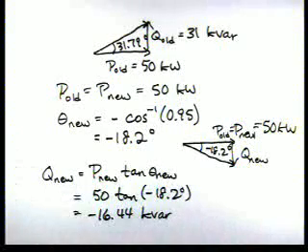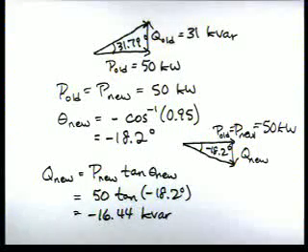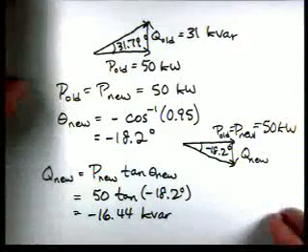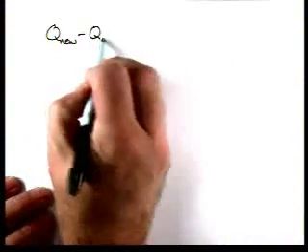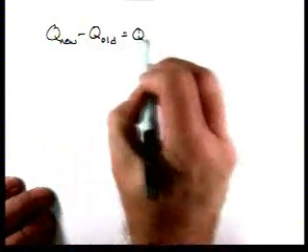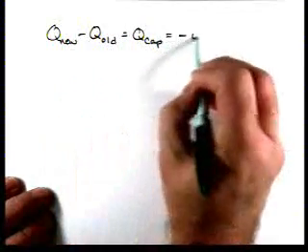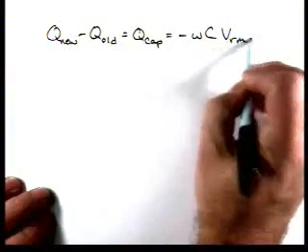Okay. So now we've got theta new and Q new. So now step 4 says now calculate Q of the cap. Okay. So Q new minus Q old equals Q cap, which is minus omega C VRMS squared.